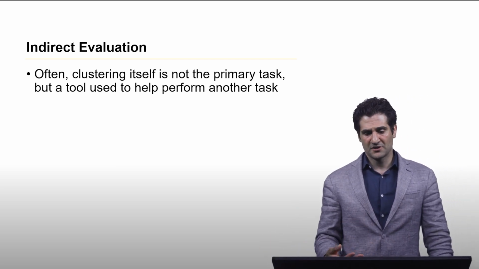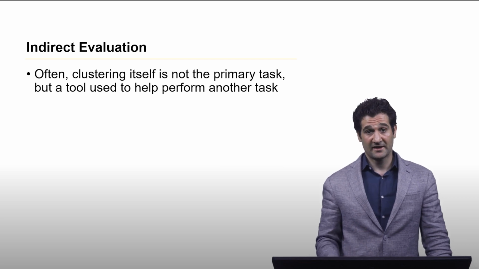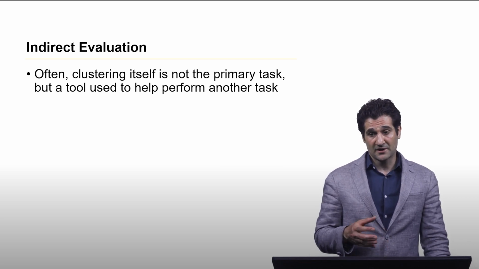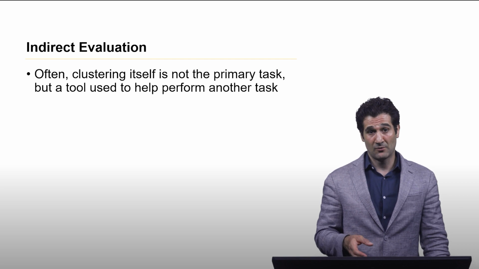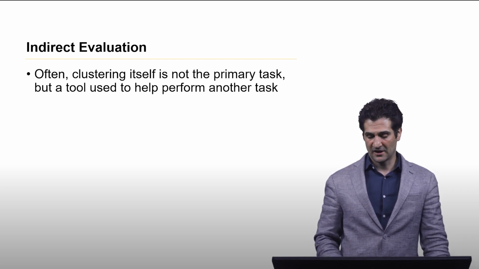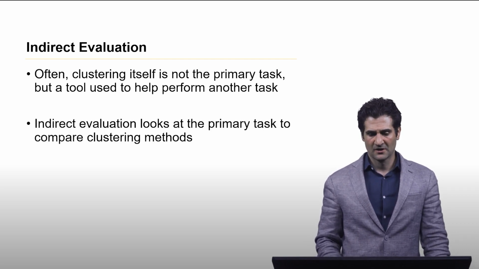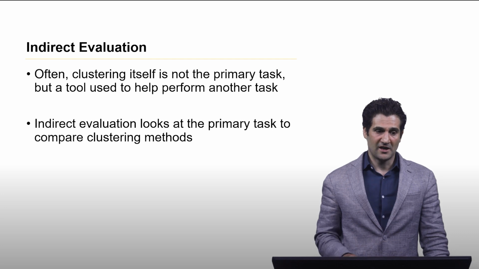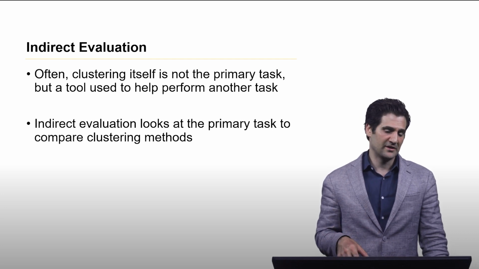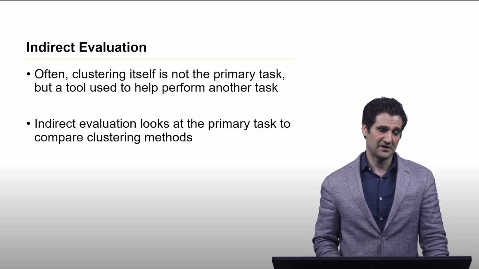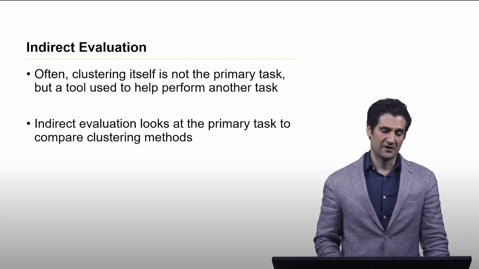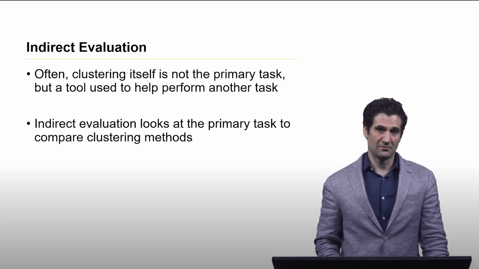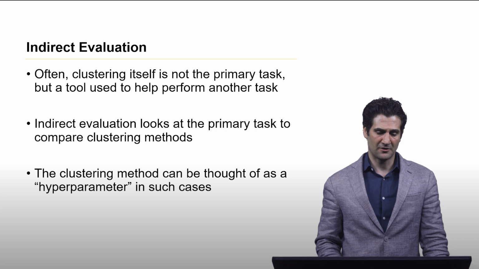And so if you're doing something that is staged like that, then indirect evaluation is referring to how well the overall system does on the other task. And so you may even have where the clusters don't turn out to be that great, but it causes the entire system to work better. Indirect evaluation might be the way to go.